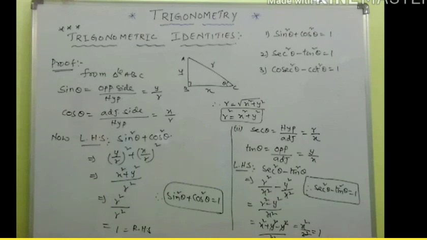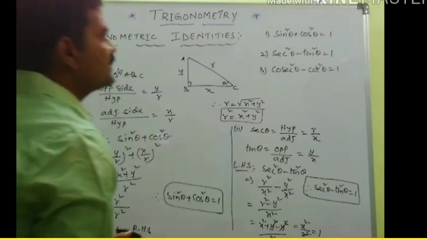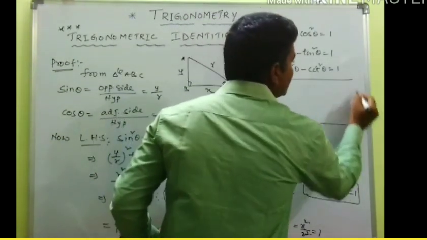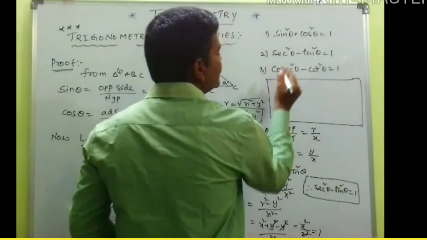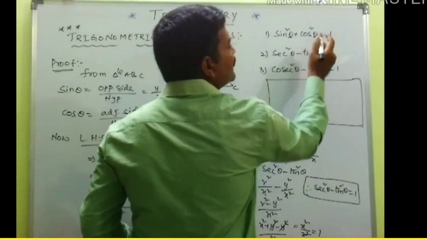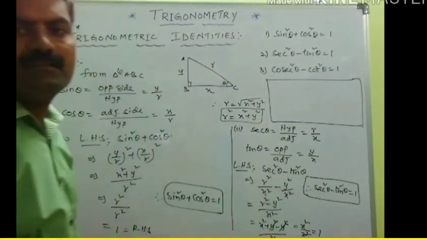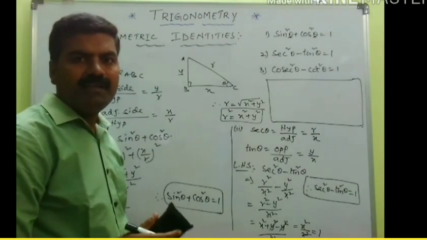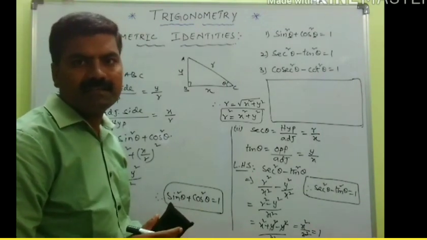In the same way, you can also prove the third identity. And my dear, please note that these identities can also be written like this. In the first one, instead of angle theta, you can use any angle. Not only theta; an angle can be denoted by any capital letters, even Greek letters also.